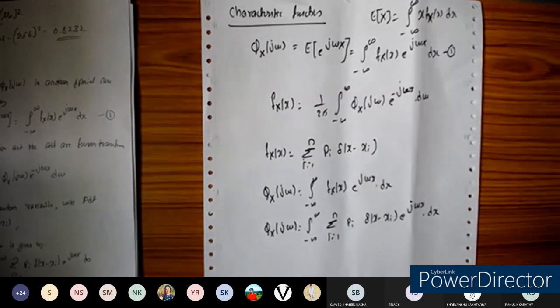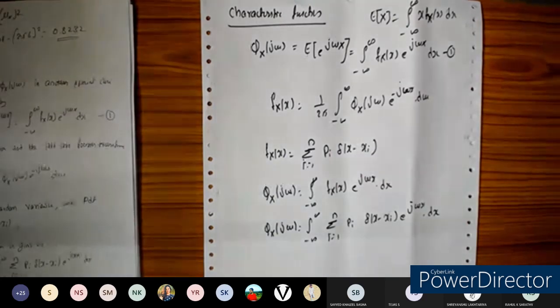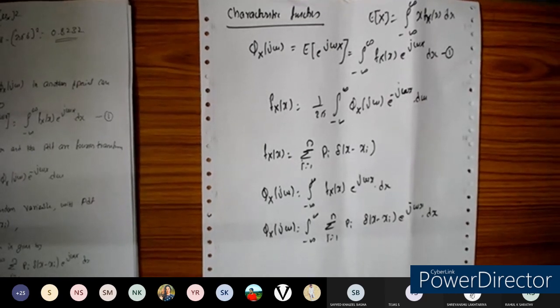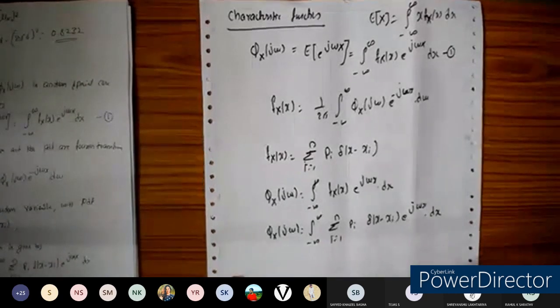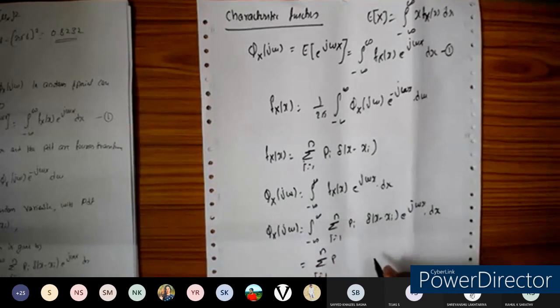Now let us interchange the order of the integration and the summation here. If you do interchange, it will become summation i equals 1 to n. p_i, let us take separate here.